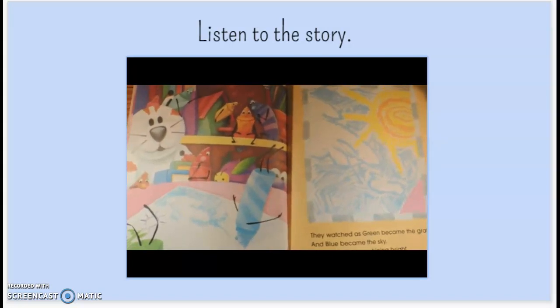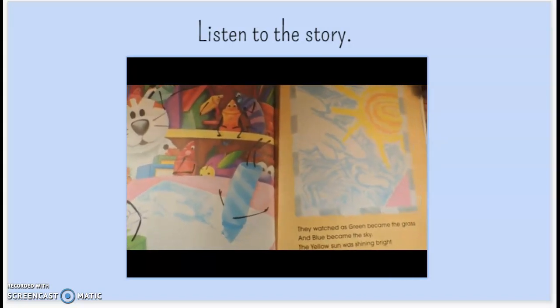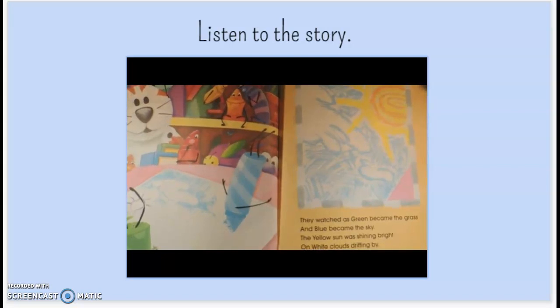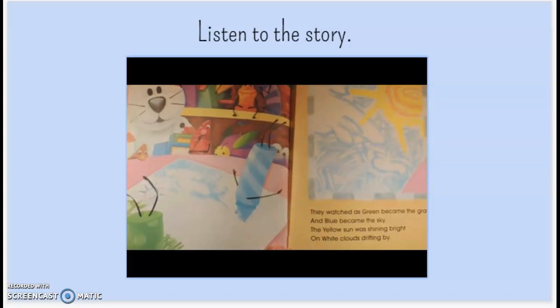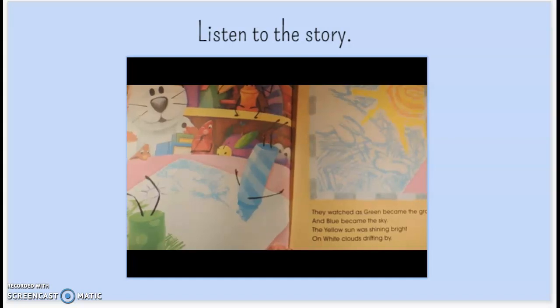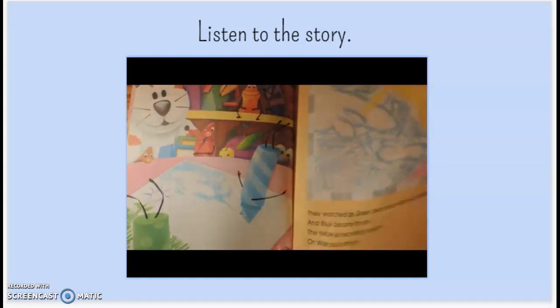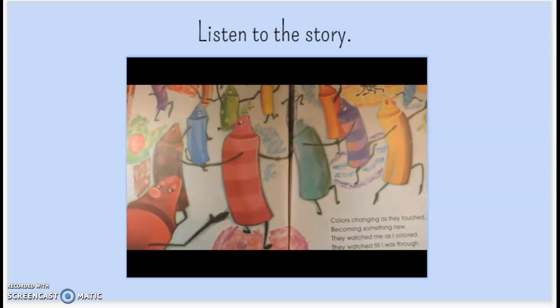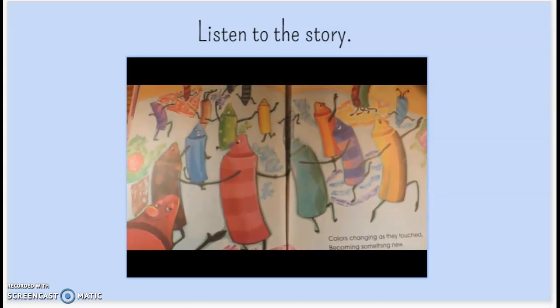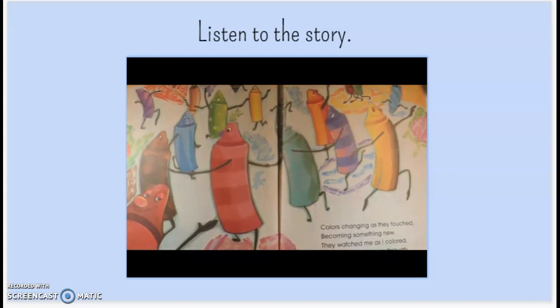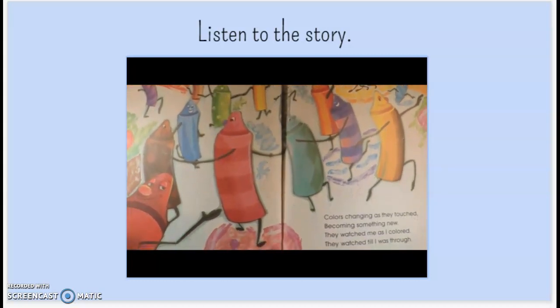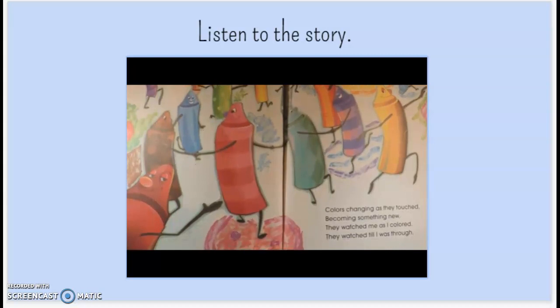They watched as the green became the grass, and the blue became the sky, and the yellow was shining bright on white clouds drifting by. Colors changing as they touched, becoming something new. They watched me as I colored. They watched me till I was through.